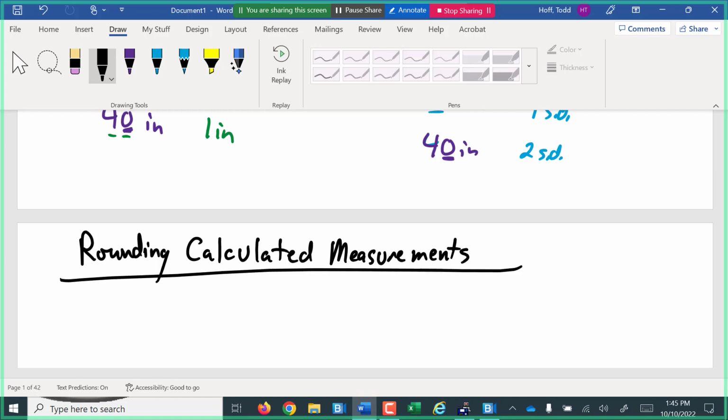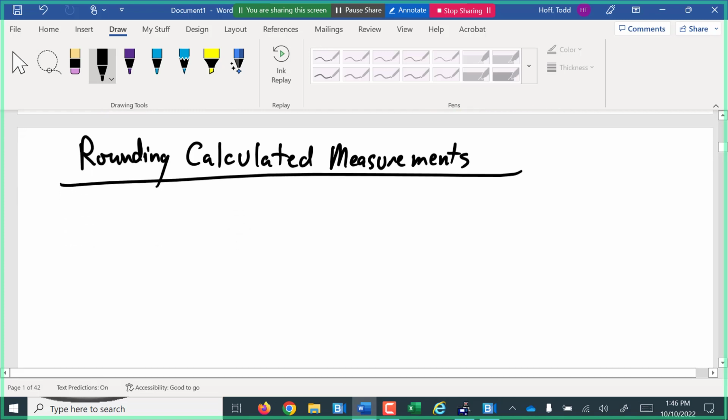But in an instruction manual or any sort of engineering document, calculated measurements will be rounded to significant digits. So at the very least, I want you to be familiar with it so you understand when an engineer or an architect does round a measurement, why they're rounding it the way they are.